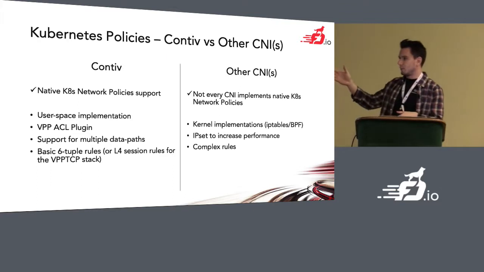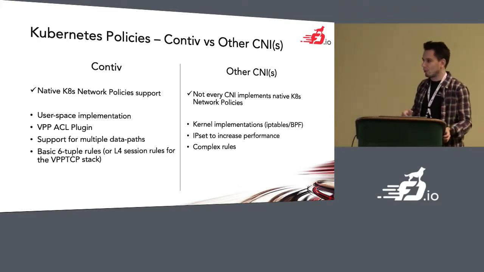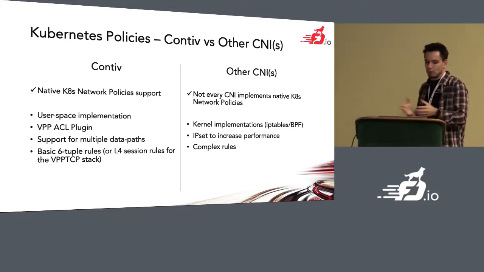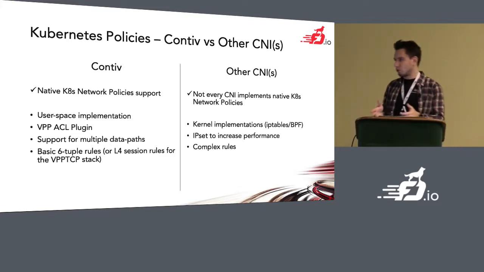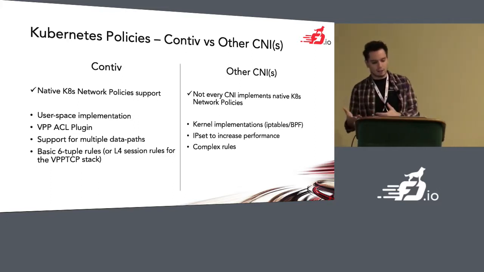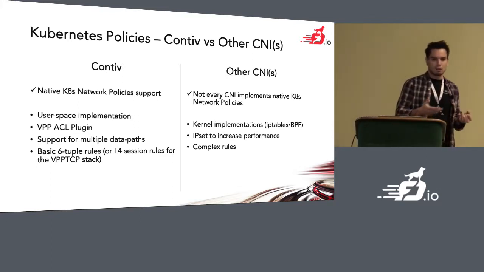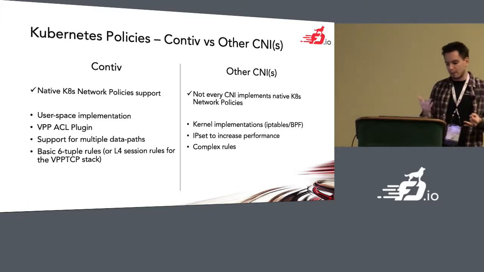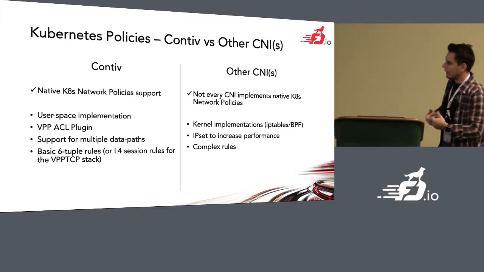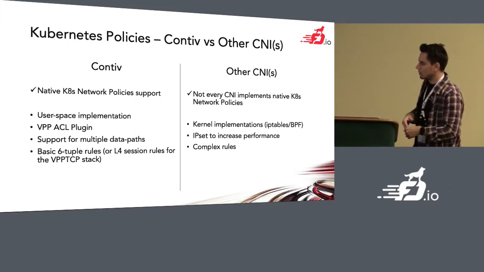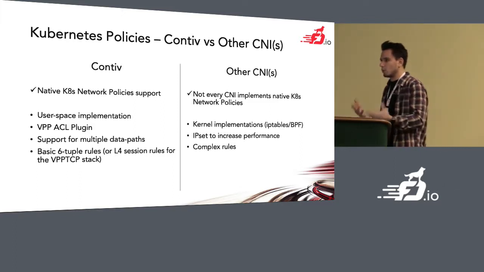Or for the VPP stack that Florian has been developing, we use these layer 4 session rules. Whereas in other CNI implementations, they use iptables or ipsets to increase performance. And Cilium, I think, uses BPF, and it has more complex rules.